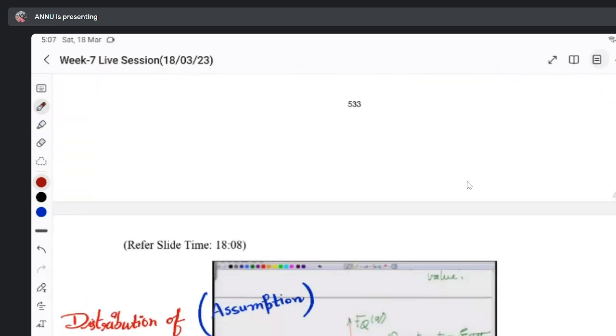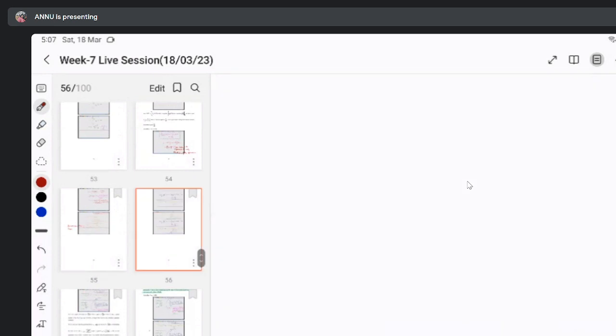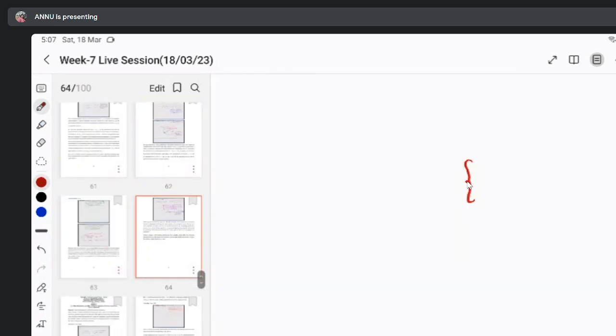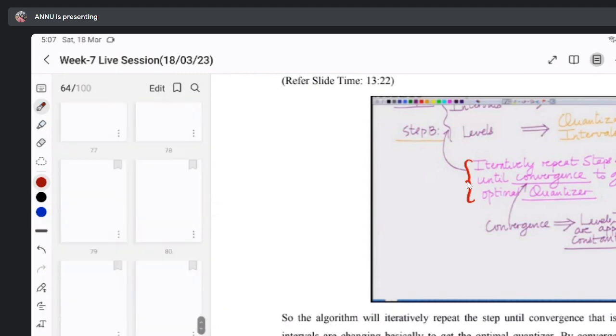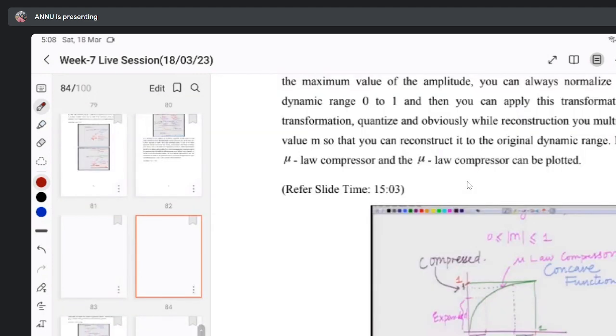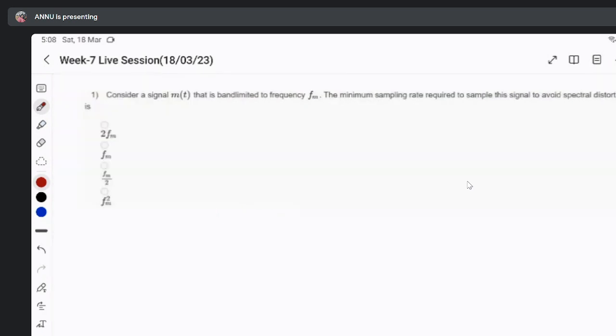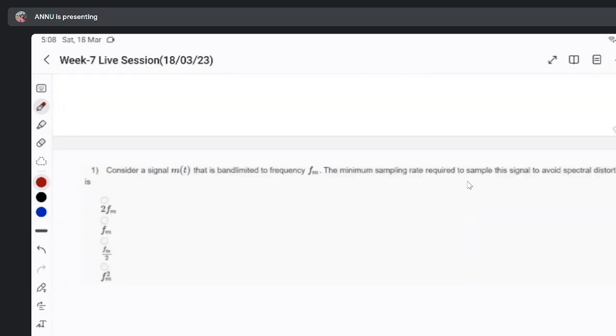Generally, the word transfer function describes only LTI systems, right? H of Z or H of S or H of N. Yes, it is only LTI systems, and signals won't have a transfer function. Signals are signals.